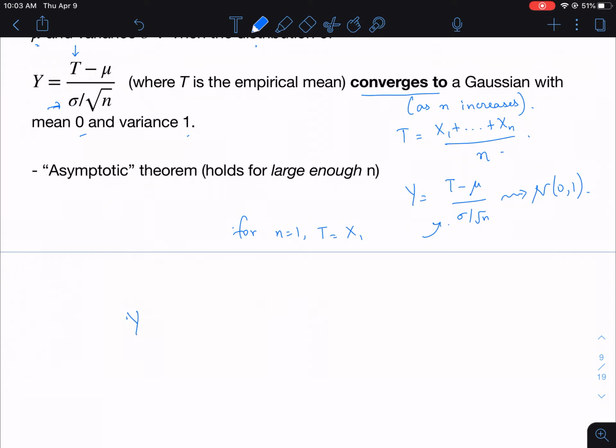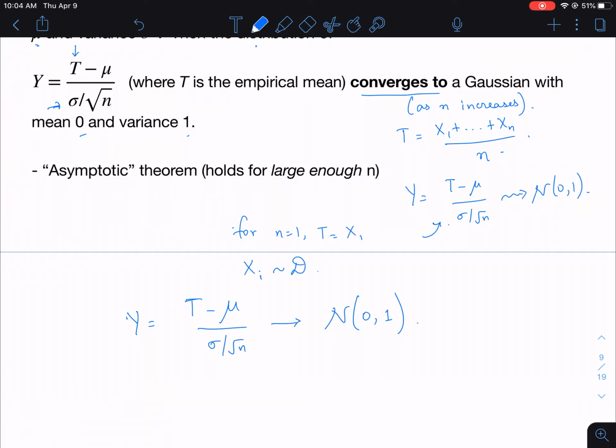Y is this random variable that is T minus mu divided by sigma by root n, and we are saying that the distribution of Y converges to a normal distribution N(0,1).